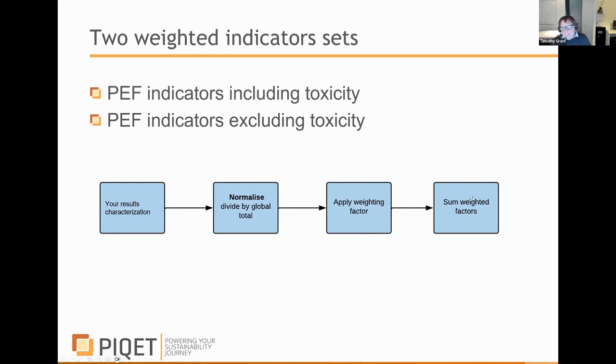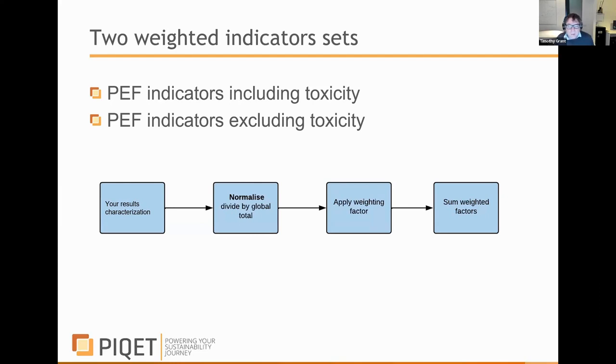Now, initially when PEF was developed, there was a very strong rationale to say we will not provide single scores because they're dangerous and can lead people to make oversimplified claims about their products based on very subjective weightings. So that's still, in a way, an issue within the LCA standards.